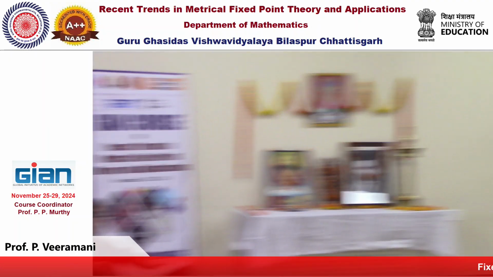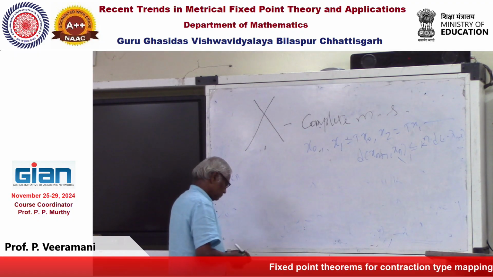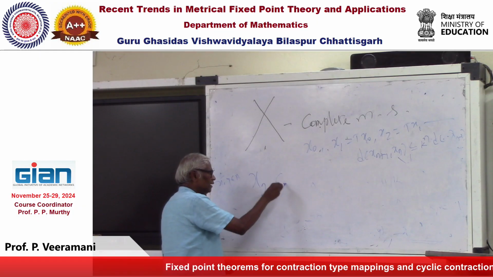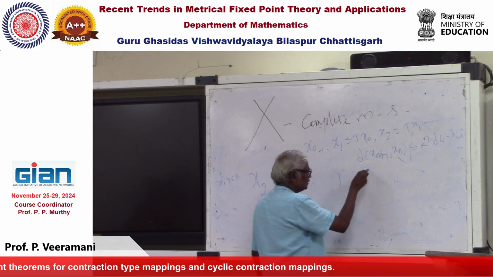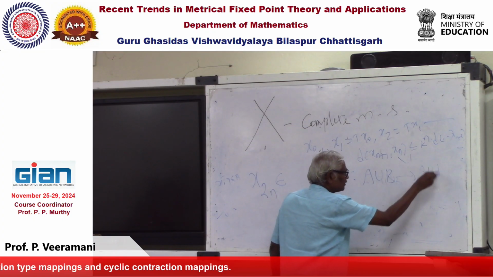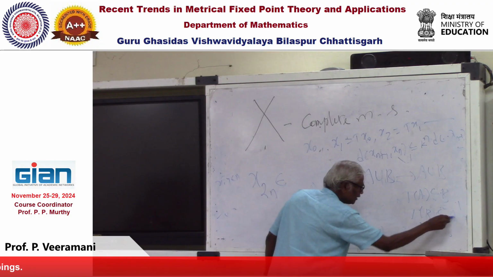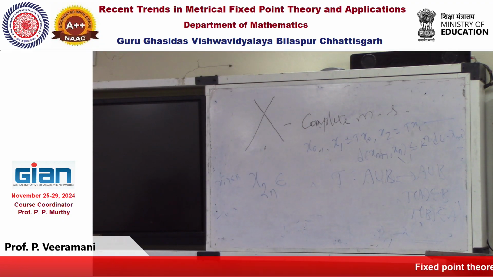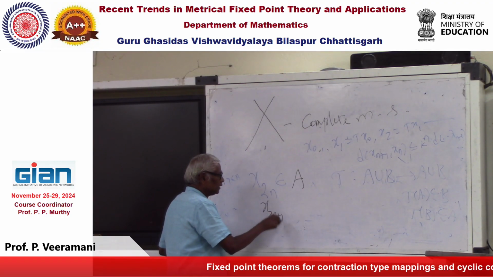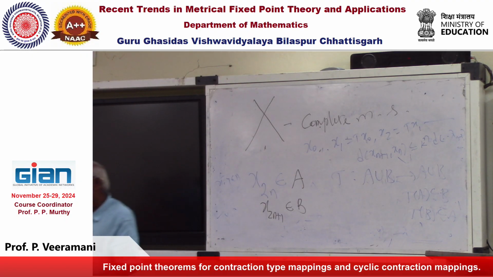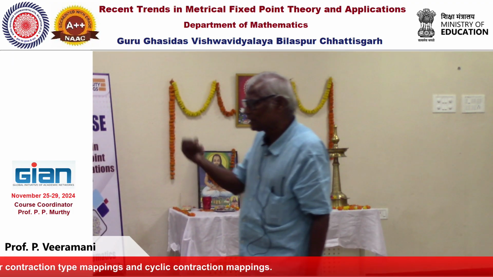So here we prove that in our case, x2n belongs to A, with this condition, and x2n plus 1 belongs to B. What type of sequence is x_n? x2n is nothing but a subsequence, x2n plus 1 is another subsequence.